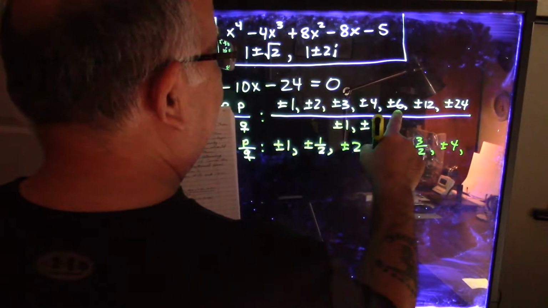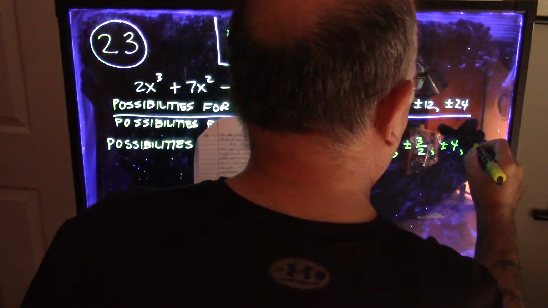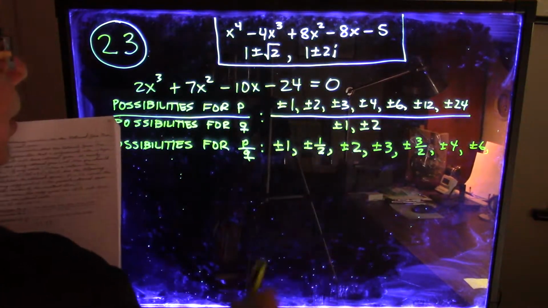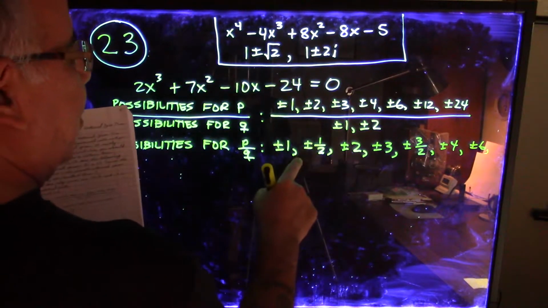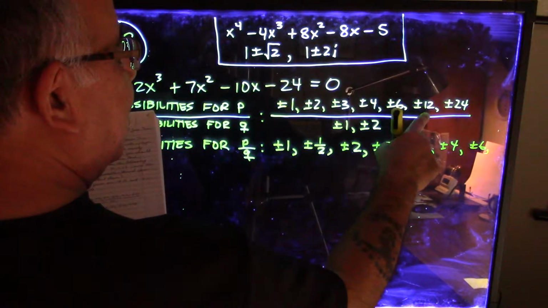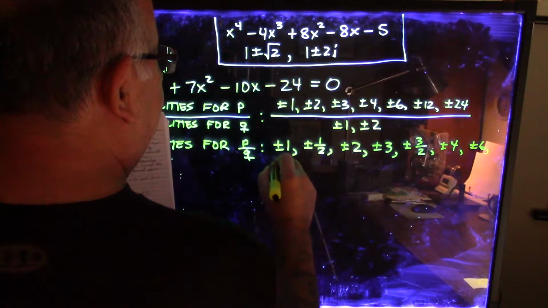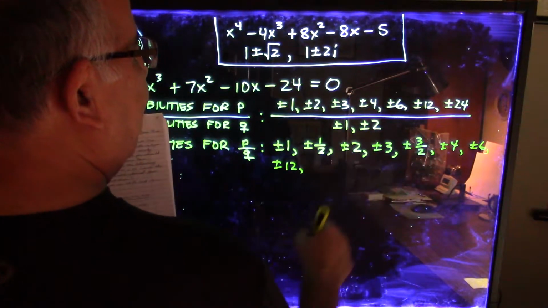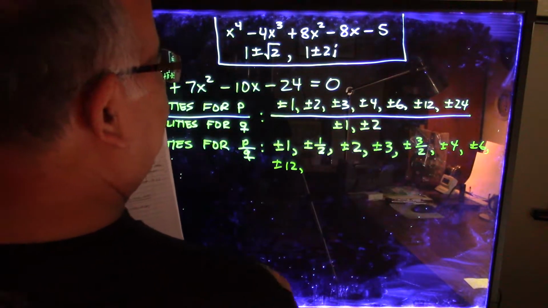Go to the next one. Plus or minus 6 over plus or minus 1 is plus or minus 6. Plus or minus 6 over plus or minus 2 is plus or minus 3, which we have. Plus or minus 12 over plus or minus 1 is plus or minus 12, and plus or minus 12 over plus or minus 2 is plus or minus 6.